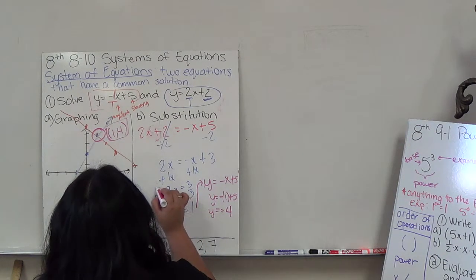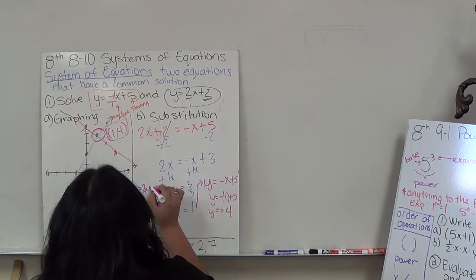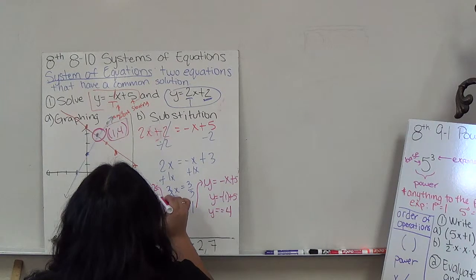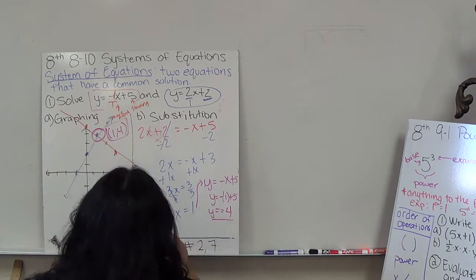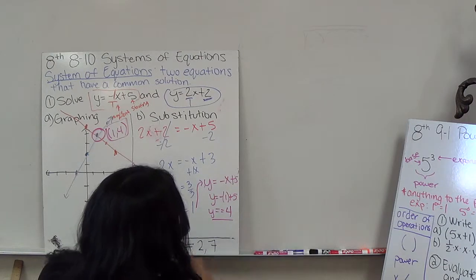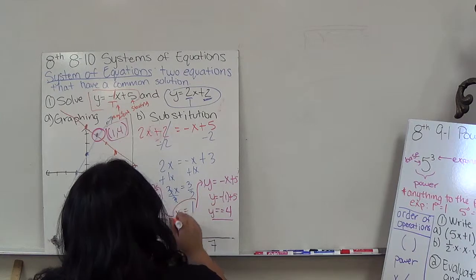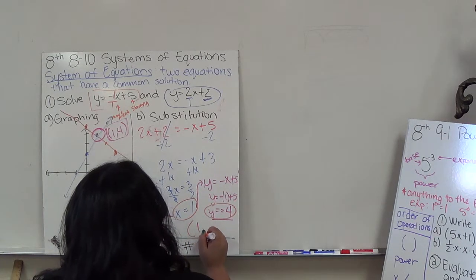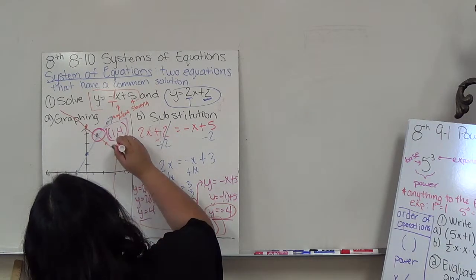Or I can plug it into y equals 2x plus 2, which is y equals 2 times 1 plus 2, which is y equals 4. It doesn't matter which way I do it, it's going to be y equals 4. So in this sense, my x is 1 and my y is 4, so my answer is x comma y, which is 1 comma 4, which is the same answer as up here.